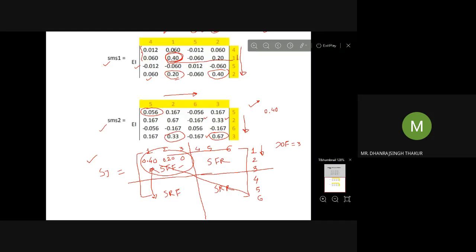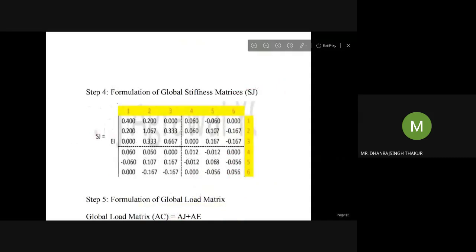For the calculation, you will need the SFF matrix and the SRF matrix. SFF matrix will give you the value of joint displacement, and SRF matrix will give you the values of the support reactions.